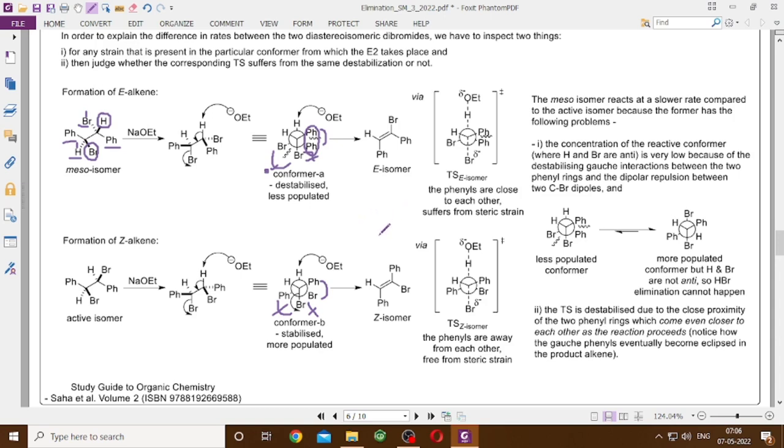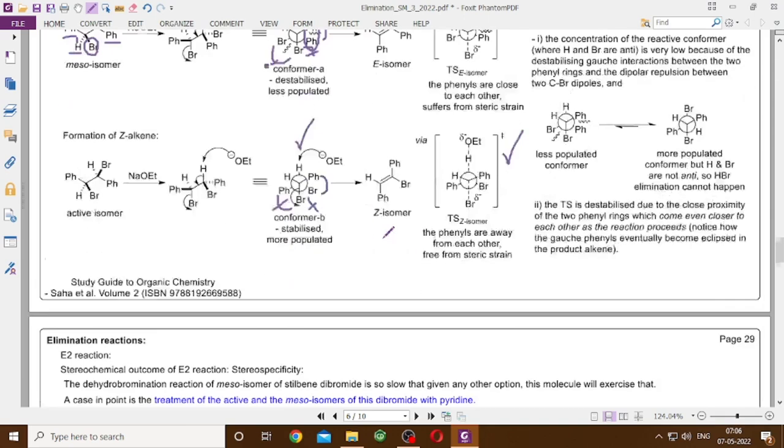So the rate of the reaction is proportional to concentration, as well as depends upon the activation energy. The TS being more stable and the population of the reactive conformer being higher, we obviously have a situation where the active isomer would react at a faster rate compared to the meso isomer, leading to the formation of this Z alkene at a much faster rate.